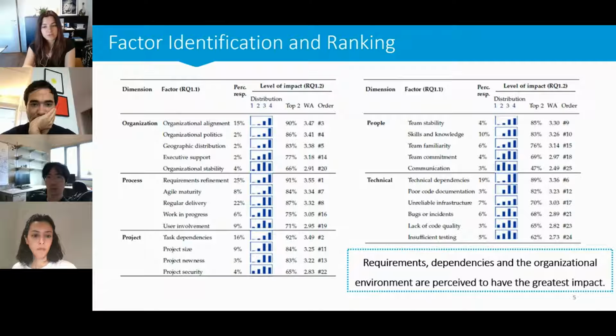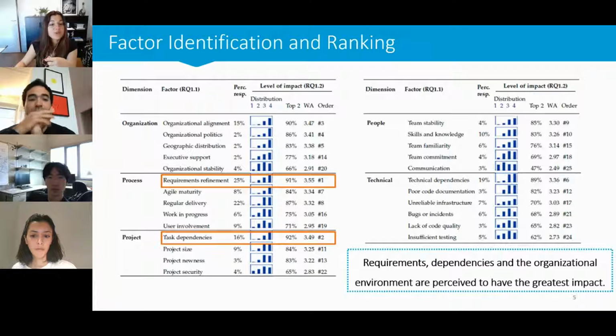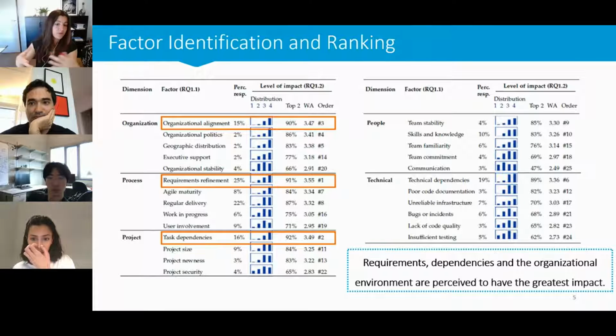And we found that the factors requirements refinement, task dependencies, and organizational alignment, they are perceived to have the greatest impact. Whereas in our analysis of the repository data, we found that proxy measures such as project size, a number of dependencies, developer experience, and historical delivery performance, they can help explain a large degree of the deviations in deliveries.